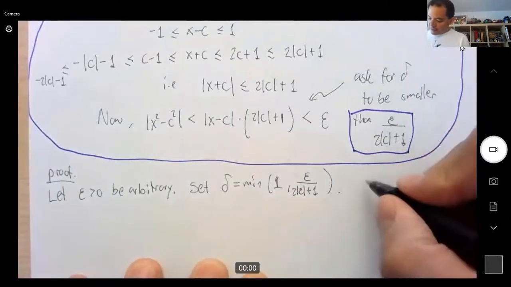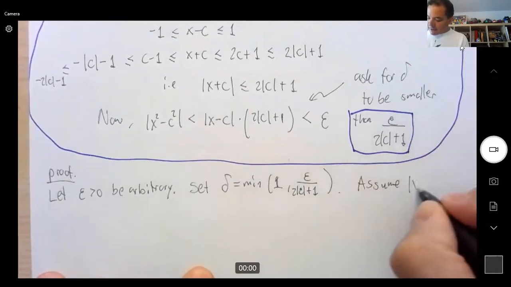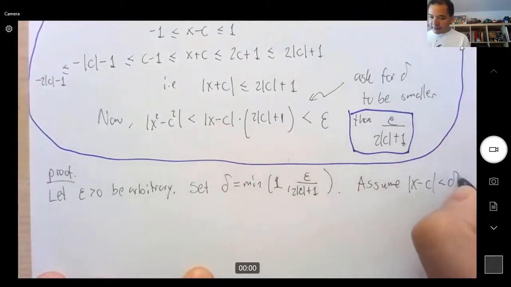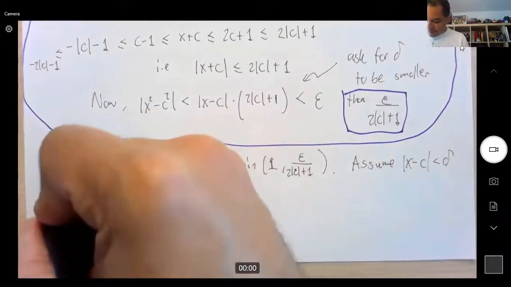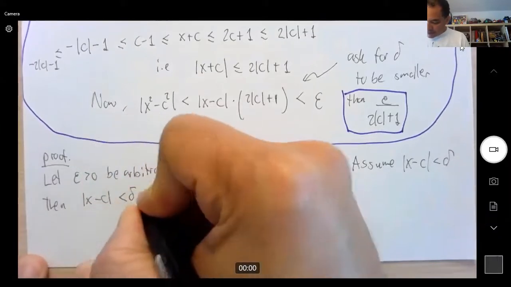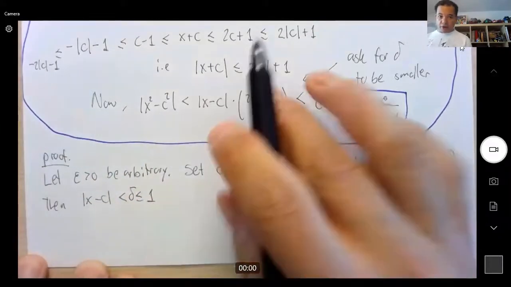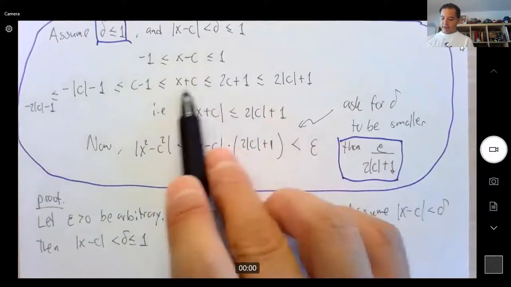Okay. Assume |x minus c| is less than delta. Then |x minus c| is less than delta, which is less than or equal to 1. And now I'm copying this part over here, right? And then this happens.